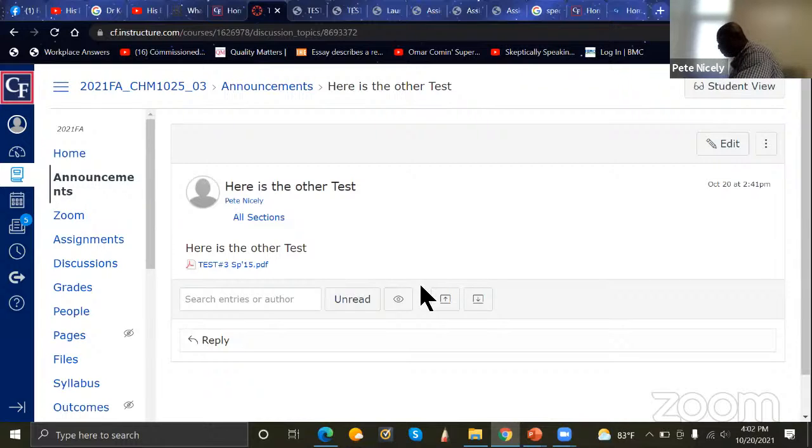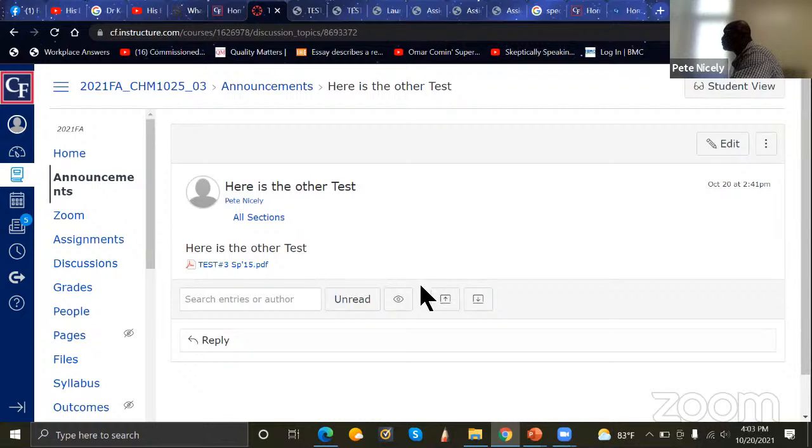So let me bring this up on my other computer here. Okay, what we're going to do, the first test is a past test, which is called test 2.